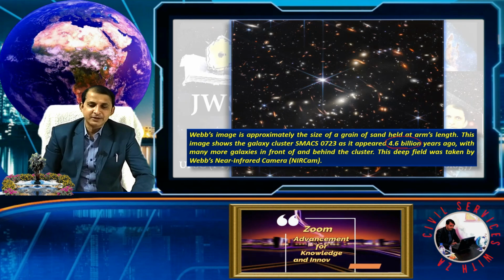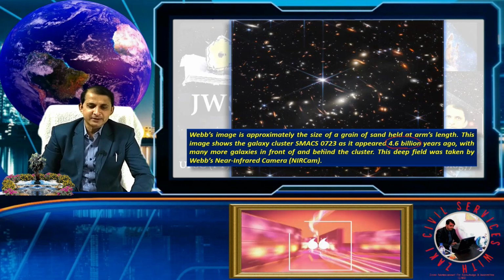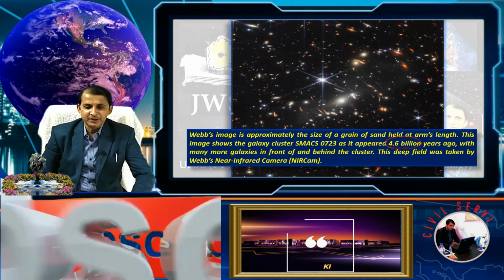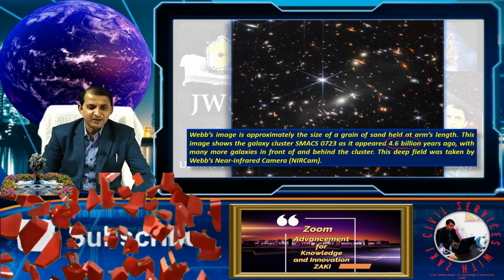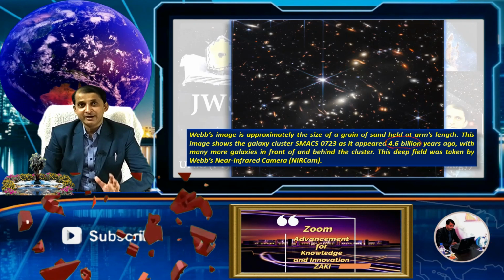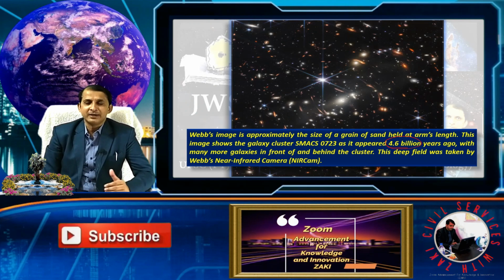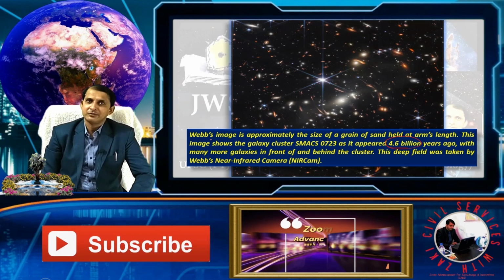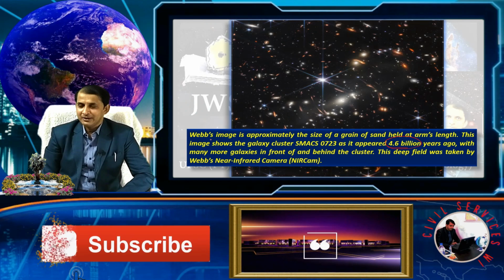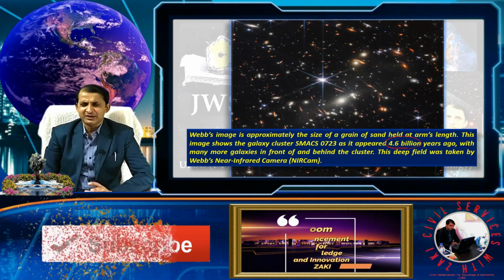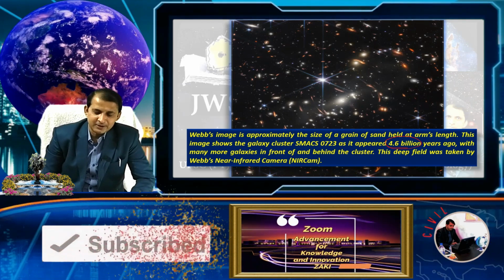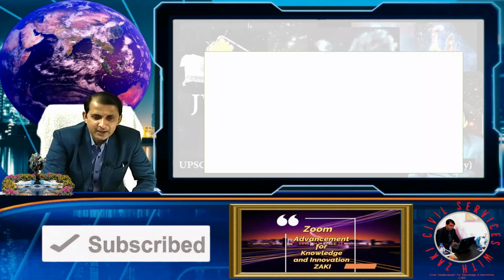That's why you can see so many more galaxies spanning the image. This deep field image was taken by Webb's infrared NIRCam. What is this type of camera? You can watch our previous video about the devices. So let's move forward and see another picture.